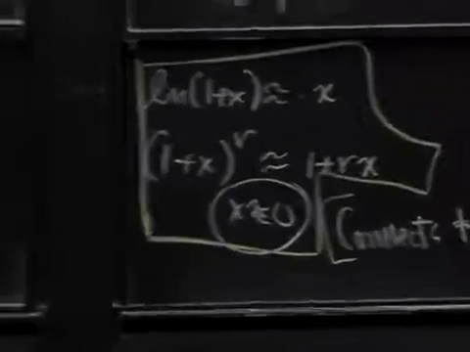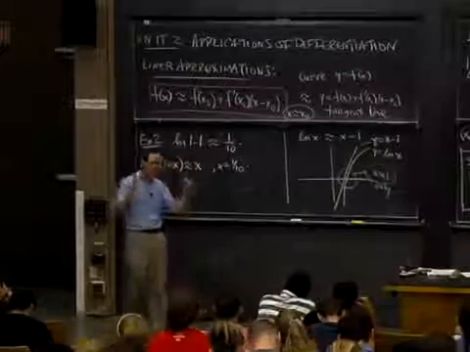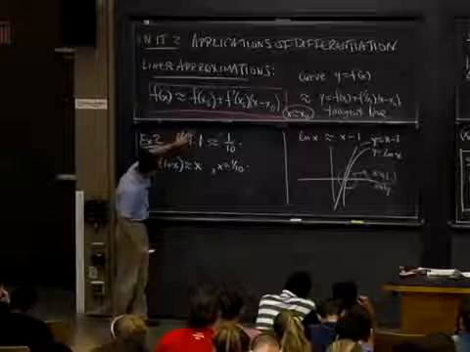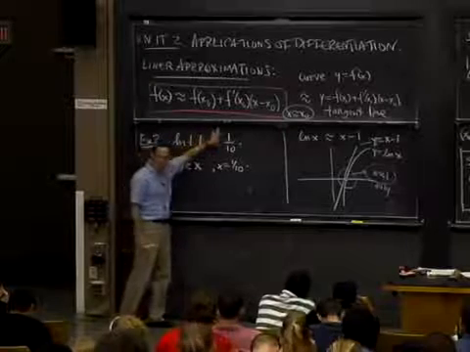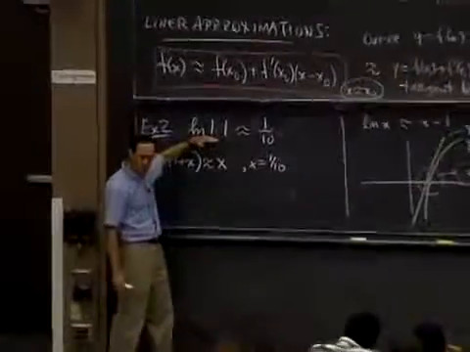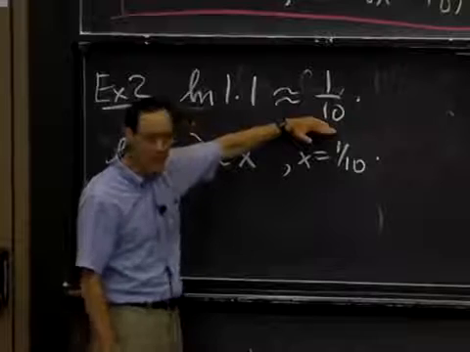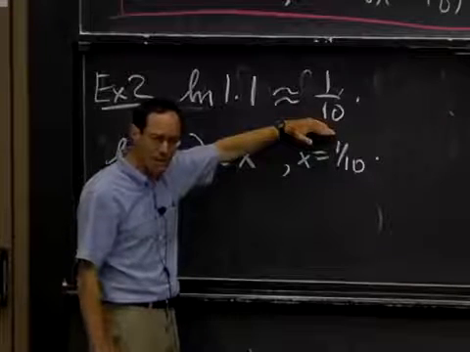All right? Now, the first question that I want to ask you is, which do you think is a more complicated thing? The left-hand side or the right-hand side? I claim that this is a more complicated thing. You'd have to go to a calculator to punch out and figure out what this thing is. This is easy. You know what a tenth is. All right?